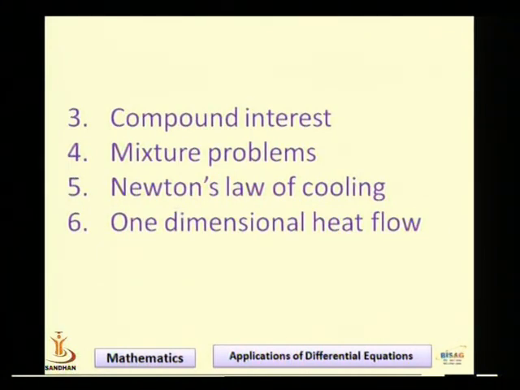And a one dimensional heat flow can also be represented in the form of a differential equation. There are many other physical problems which you can convert into first order equations. But I shall discuss about these 6 somewhat in detail.